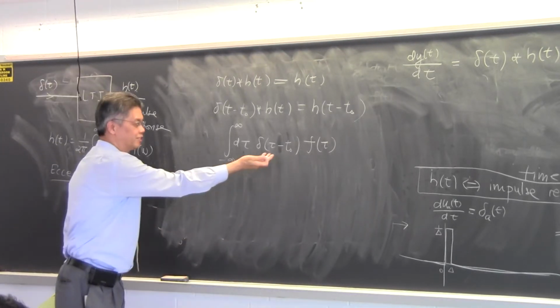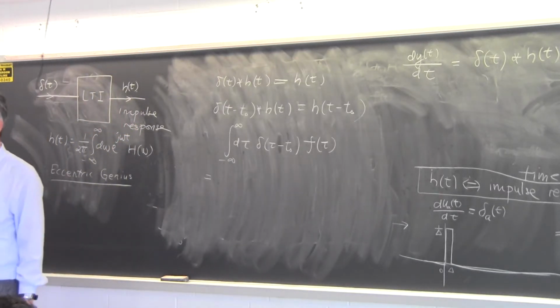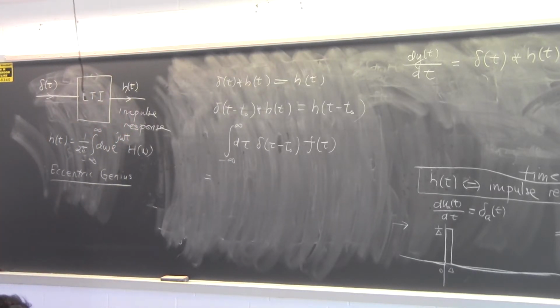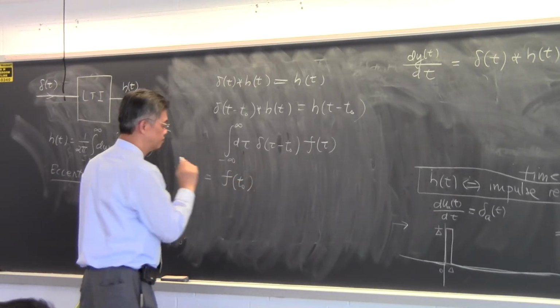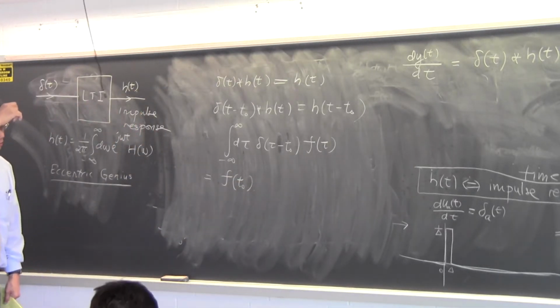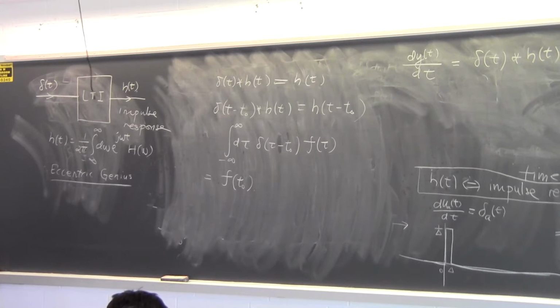Where does this delta function peak? It peaks at tau equals t naught. So you evaluate the function f of tau at t naught and take it outside the integral, and then just integrate the delta function. So this is f of t naught.